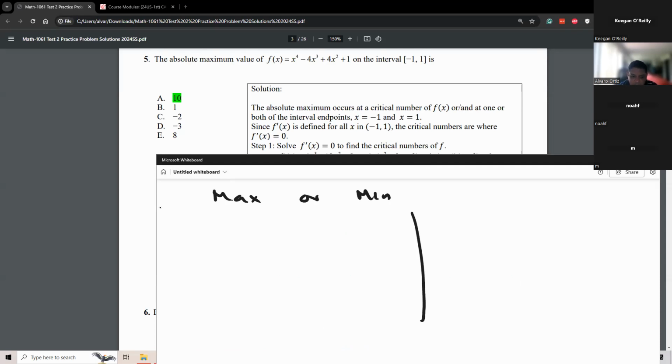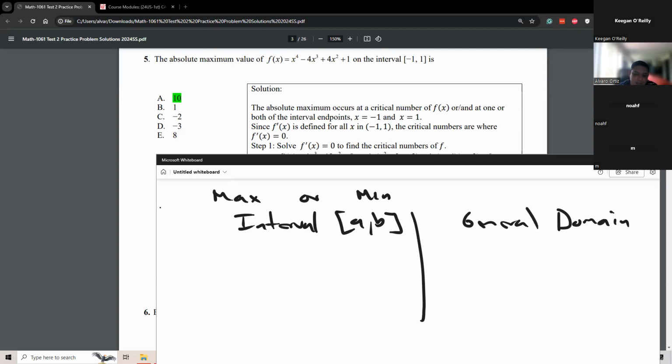You are going into an interval, a b, or you're in a general domain. They both have some similarities in the fact that you gotta find f prime of x equals 0 to find critical points.